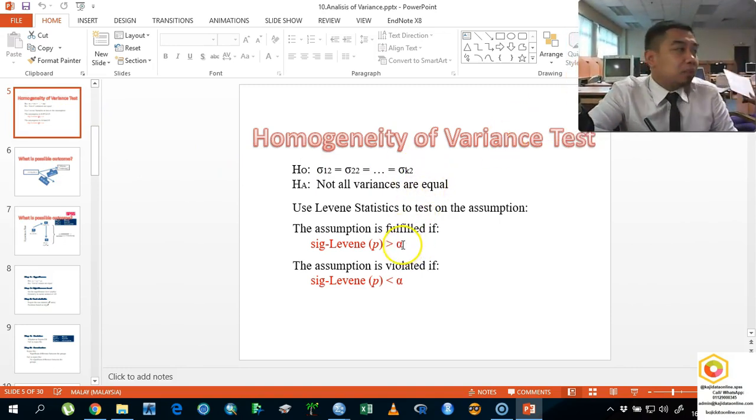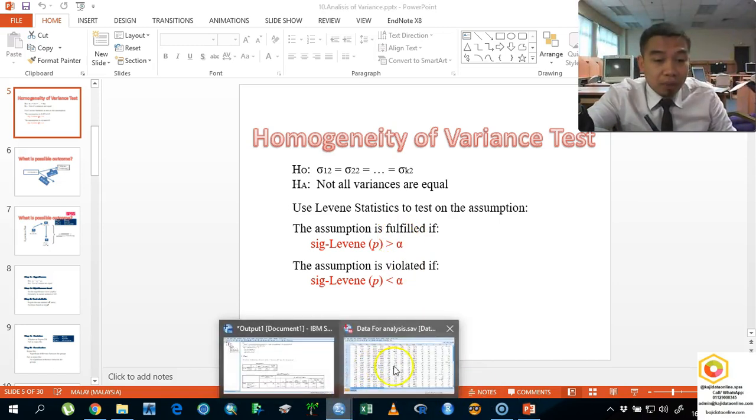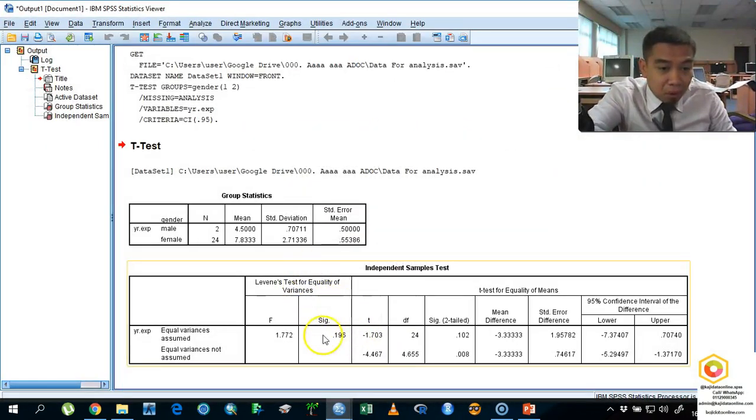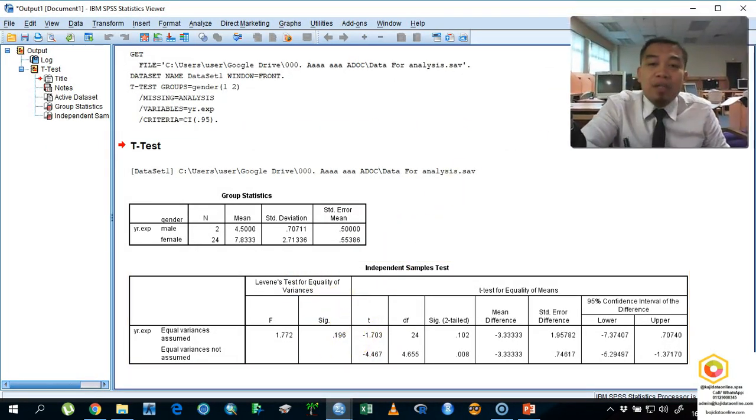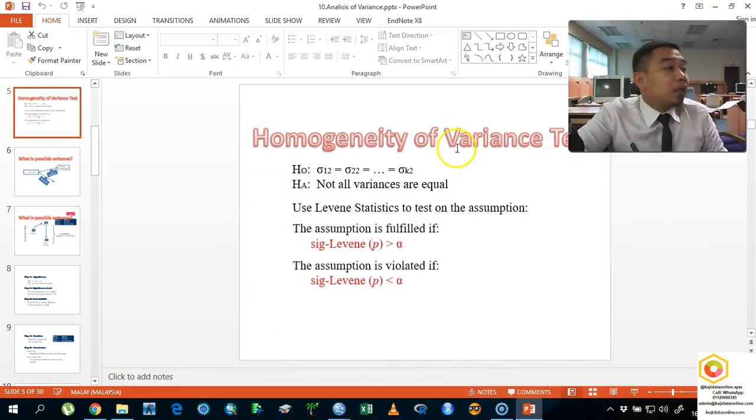Homogeneity of variance must be more than alpha. Same like Kolmogorov-Smirnov and Shapiro-Wilk, whatsoever, must be more than alpha 0.05. So that means our p-value, for example like this, must be more than alpha. Then we can use our ANOVA. If less than alpha, you cannot use it. You need to think otherwise.